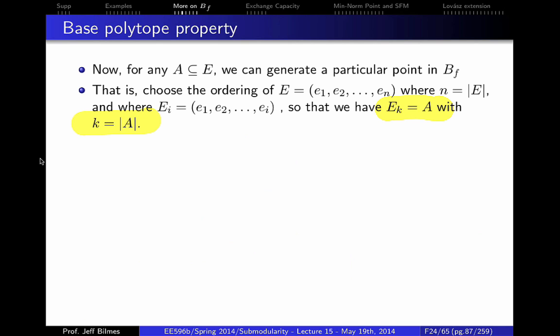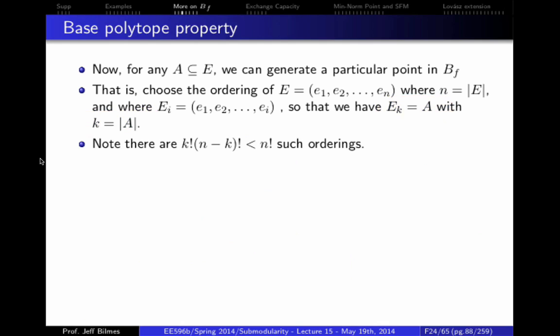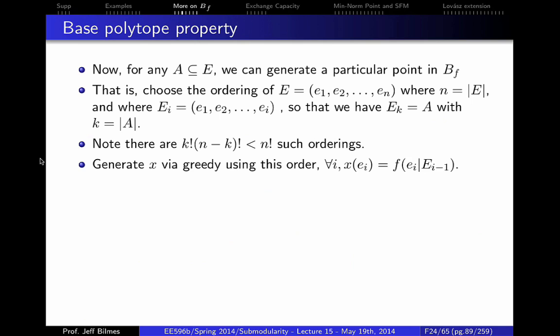Any ordering suffices. Now, how many of them are there? There's quite a few possible orderings, so you have a lot of choice. But there's a lot of subgradients. It just basically means that all of those points are subgradients. And so you generate x via the greedy algorithm using that particular order. And so here it gives you the valuation. So we basically just do these conditional gains.